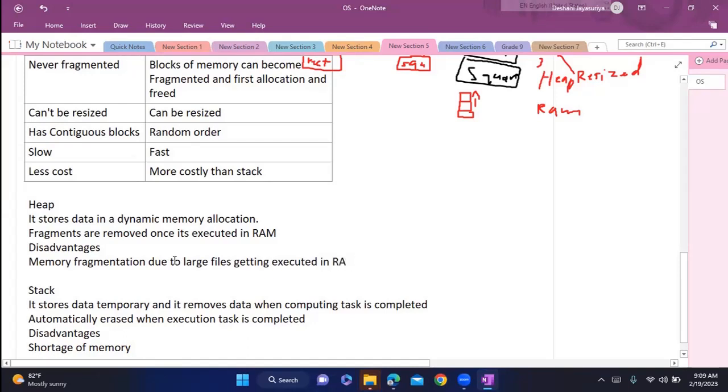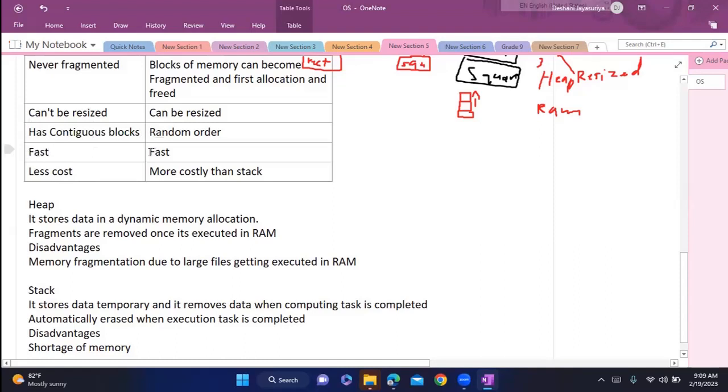Sometimes it's good to fragment if it's a small file, but if it's a big file, it's hard to manage it. So that's how we can get this one. I think I wrote it wrong.